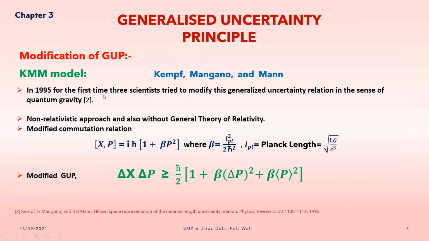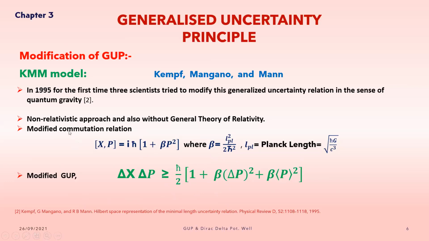They gave a model in 1995, which is a modification of the uncertainty principle using the gravity term beta. Beta is basically dependent on the Planck length, and Planck length is dependent on the gravity term G. They said that this is the modified generalized uncertainty principle, or we can say this is the modified gravitational uncertainty principle, containing beta, the gravity term.